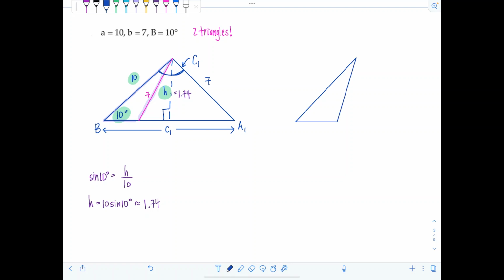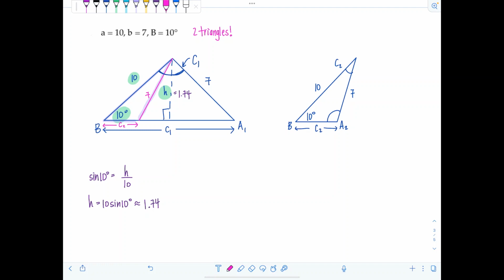Here's the second option. Okay, this would still be 7. This is angle B. This is 10 degrees. This is 10. Notice now that this angle is larger than 90 degrees. This is A2. Up here is C2. And down here, this is baby side C2, which would just be this little snippet.